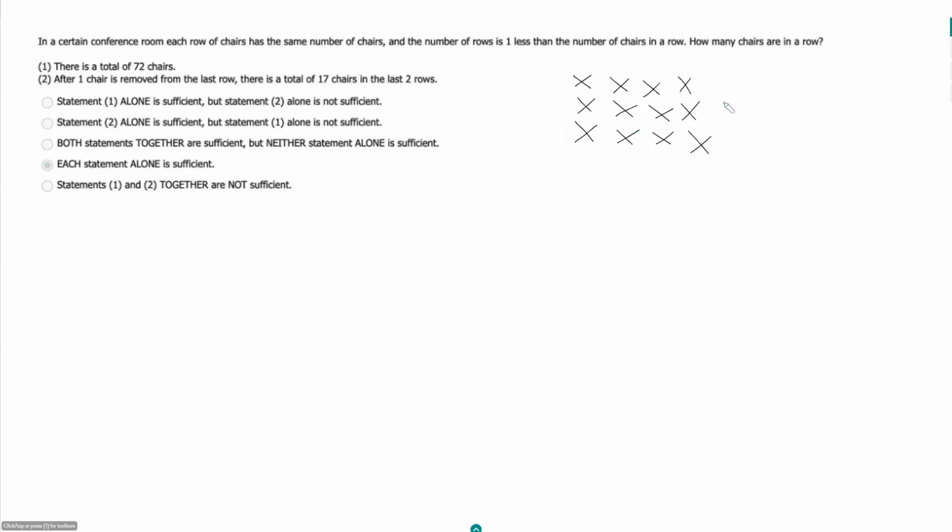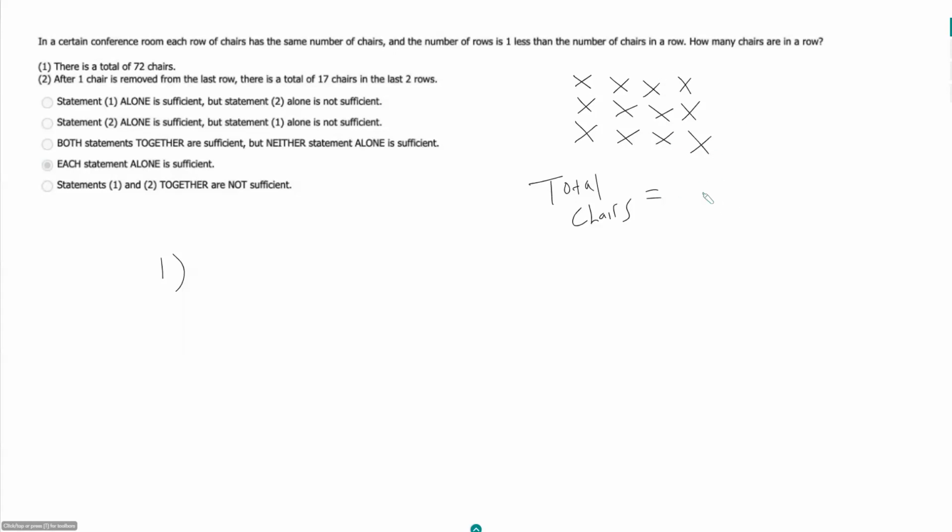So without knowing more information, we can move on to our statements. Well, actually, let's think about this. What are they saying? They're saying our total chairs can be expressed as the number of chairs in a row times the number of rows.